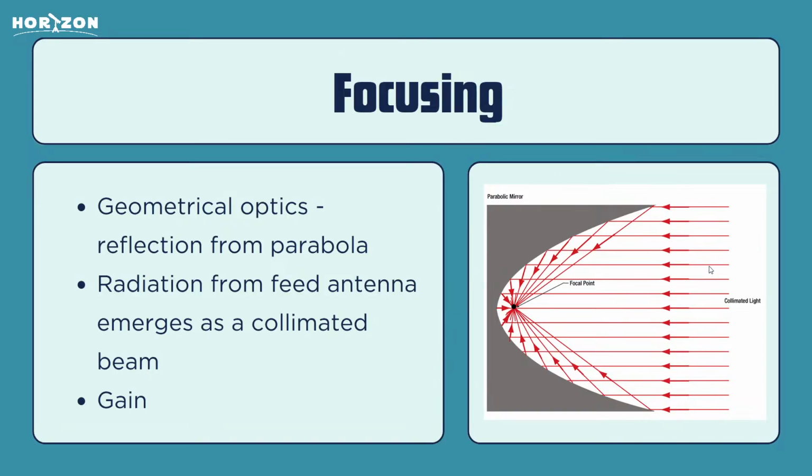To understand how a parabolic reflector works, we can recollect a principle from geometrical optics, which states that when light waves which are parallel to the principal axis get reflected from a parabolic mirror, they converge at the focus. The same principle is used by a parabolic reflector.